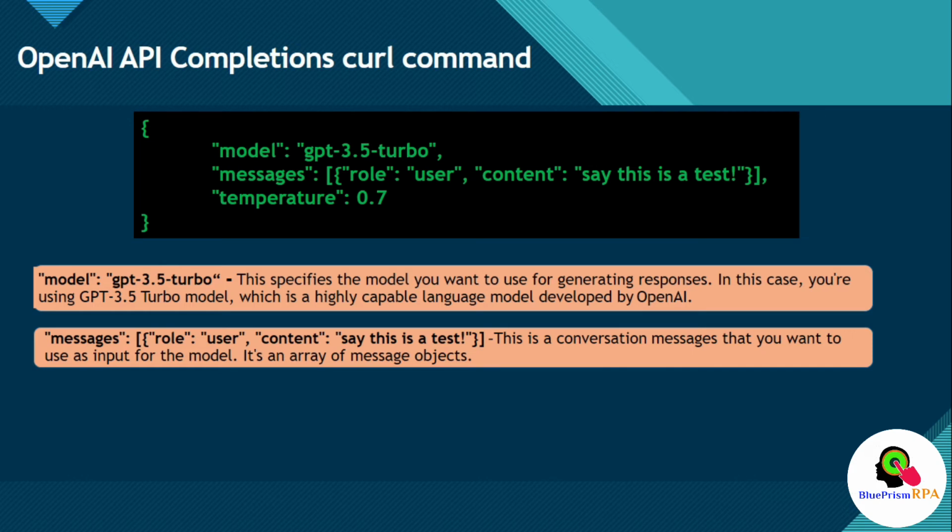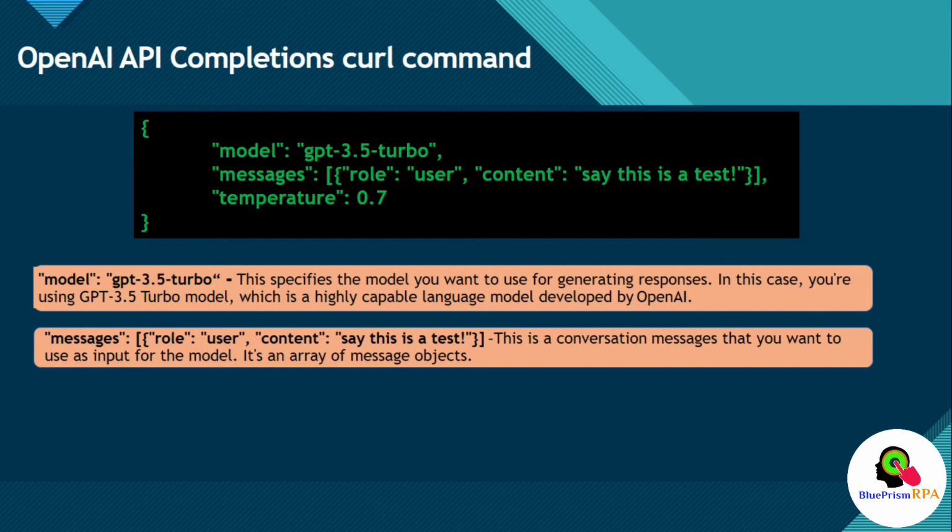Now messages, and inside this you can see role: user, content: say this is a test. This is the conversation message that you want to use as an input for the model, and it's an array of message objects.